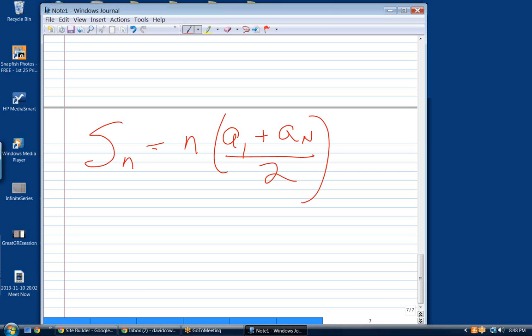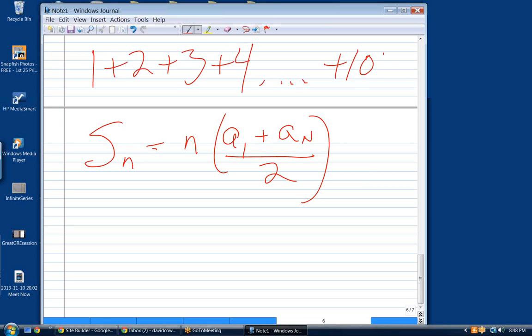So if I said to you, give me the sum of the first 100 digits, in other words, 1 through 100, what is 1 plus 2 plus 3 plus 4 up to 100? Using this formula, what is S sub 100?